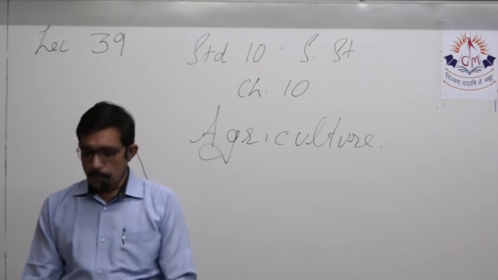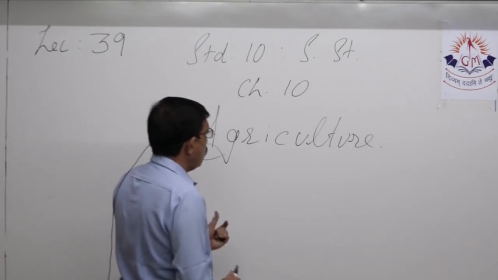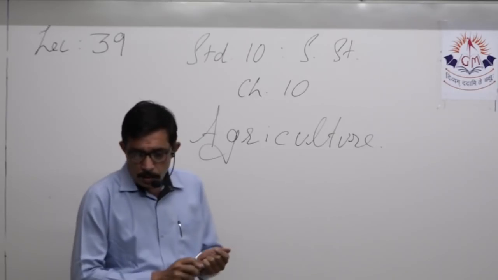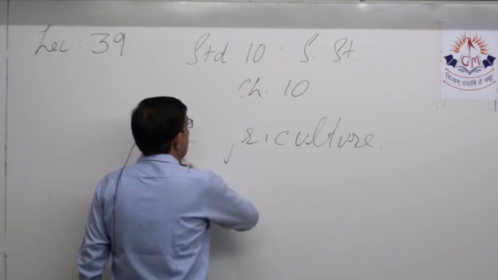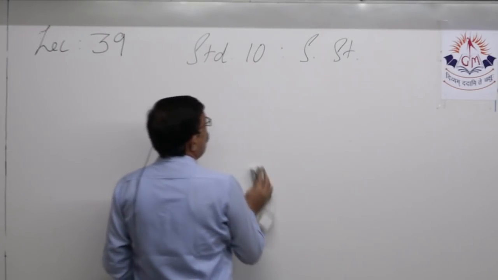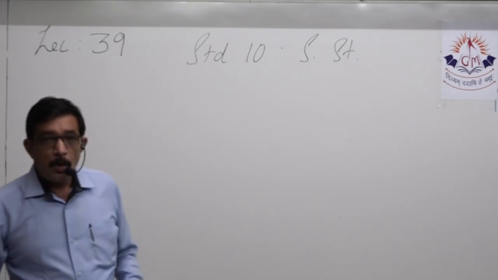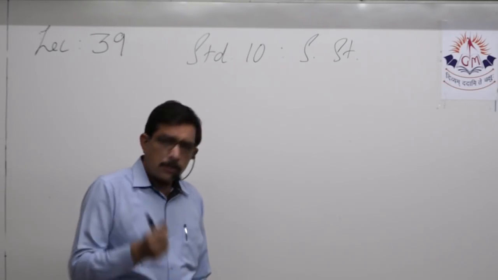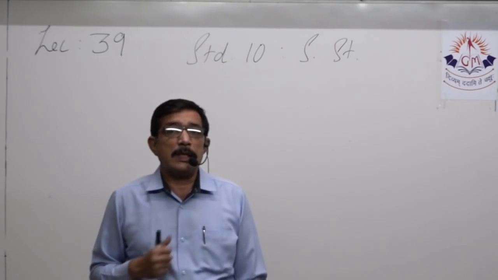The next crop that we are going to learn is the crop of jowar. Now jowar, bajra, ragi, all these are called coarse grains. Coarse grains make smooth atta, but it's quite heavy for digestion.